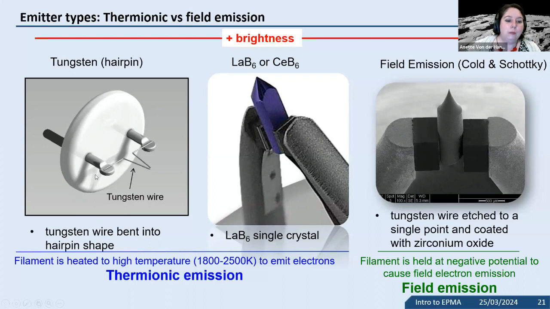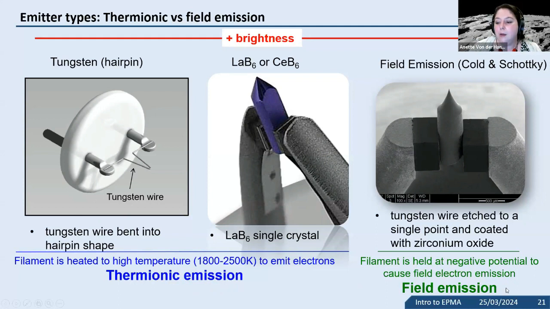And so we just distinguish between thermionic emission, which is emission aided by temperature, where we heat the filament, versus field emission, where instead the filament is held at a negative potential that's causing field electron emission.